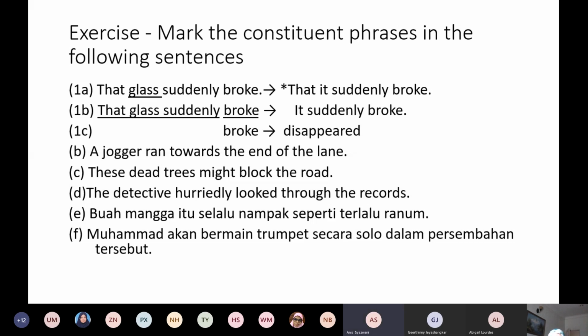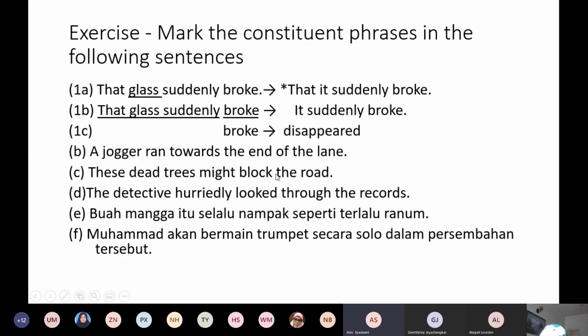The same thing like C for example kan. Tadi kita go into individual constituent. Tapi sebenarnya kalau kita look at the constituent phrases, dia nak phrases. So kita ambil these date trees as a noun phrase, one phrase. Might block the road is one phrase, which is the verb phrase.